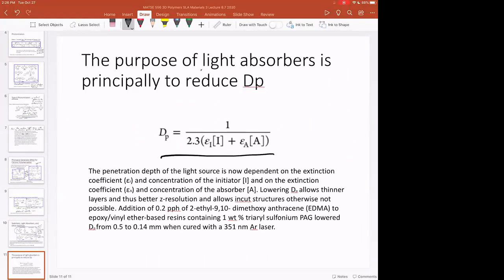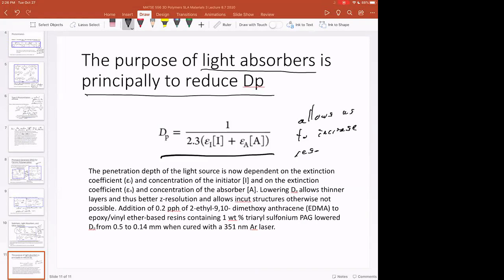So even though it is very counterintuitive that we're going to add light absorbers to reduce depth of penetration, this allows us to increase resolution.